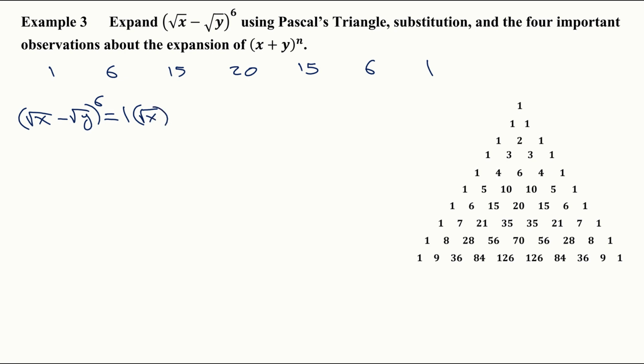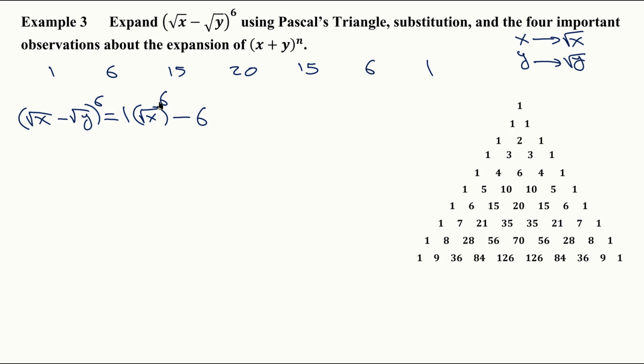So in other words, what normally is x is going to be replaced with square root of x, and what is normally y is going to be replaced with square root of y. So, and then we raise that to the power of n, which is 6. Remember, we alternate signs, right? Because it's a difference rather than a sum. So the first one was positive. The next one will be minus. The coefficient is 6 for the second term.